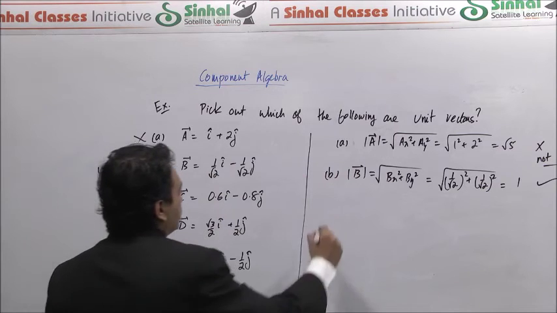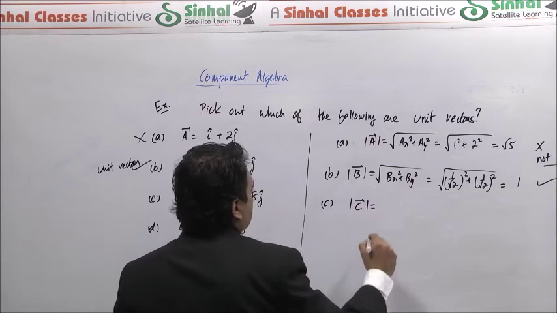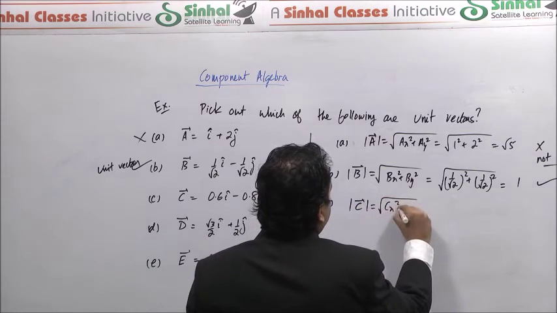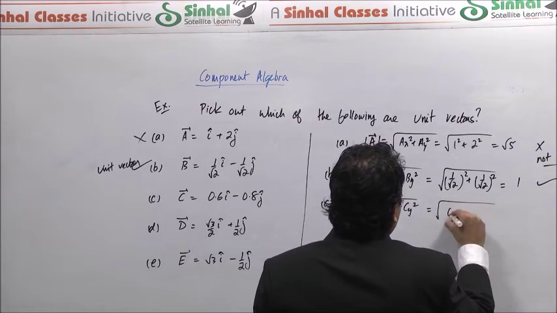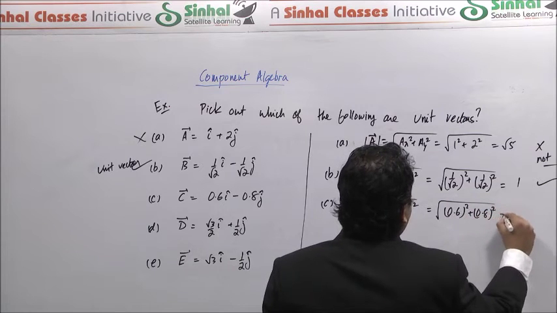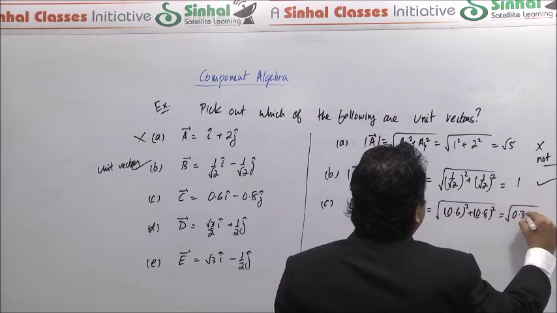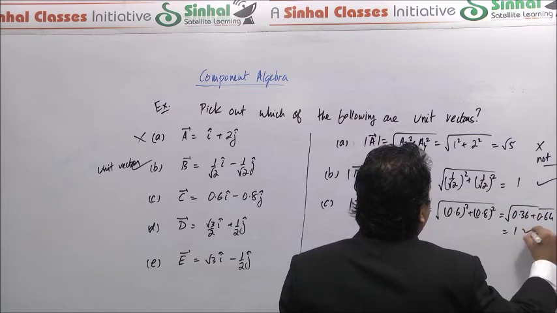Similarly, let's look at the magnitude of the vector C. That is the square root of 0.36 plus 0.64, which is 1.